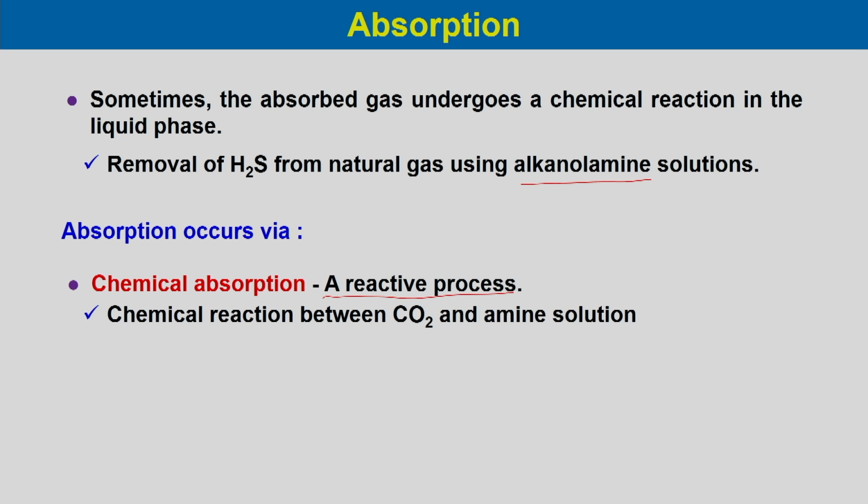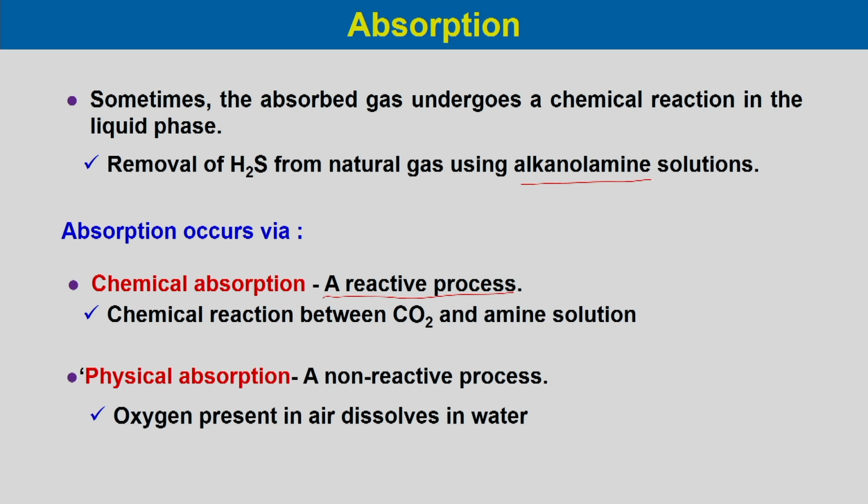Carbon dioxide, as you all know, has a very significant effect on global warming, and people are working a lot on its removal, and absorption is one of the mature technologies to separate carbon dioxide from different gas mixtures. One of them is natural gas, another is flue gas which comes from power plants, particularly coal based power plants. The other process is a non-reactive process, which we call the physical absorption process.